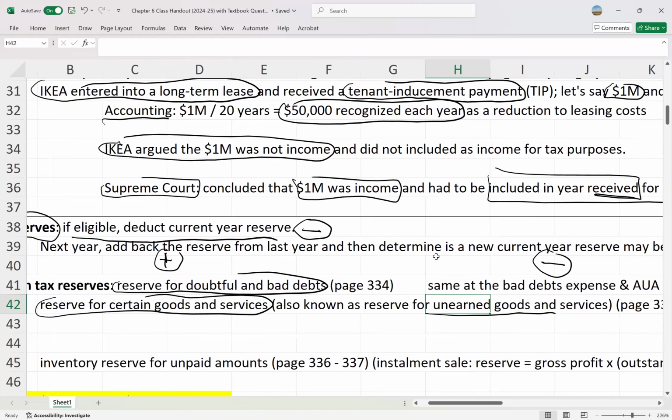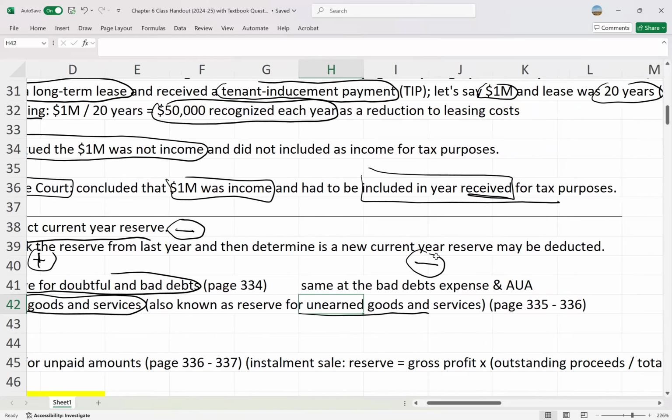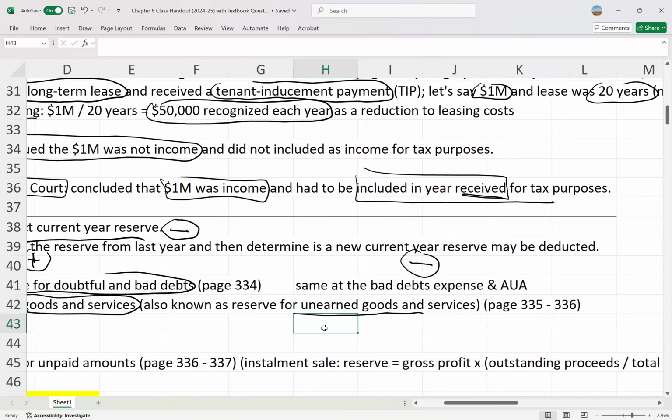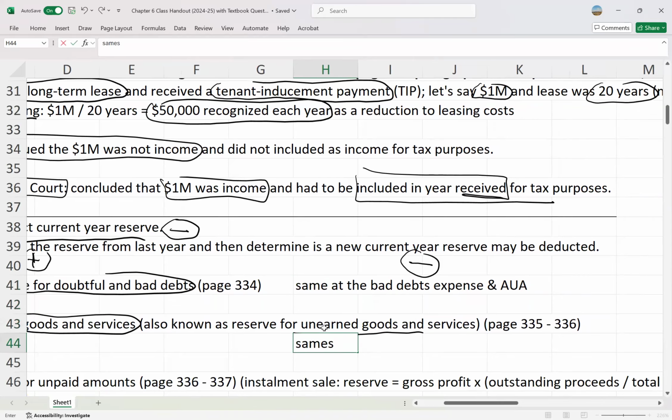For the next one, the reserve for certain goods and services, also known as the reserve for unearned goods and services, this is going to be the same as unearned revenue or deferred revenue.